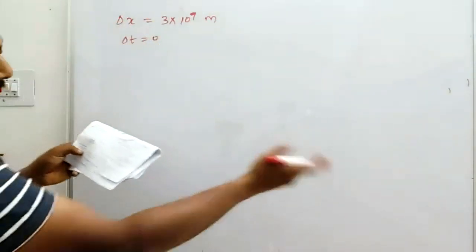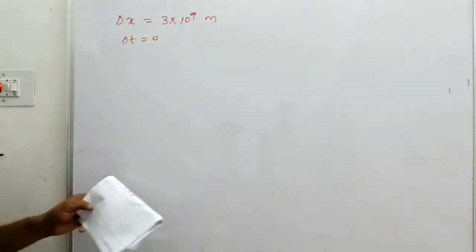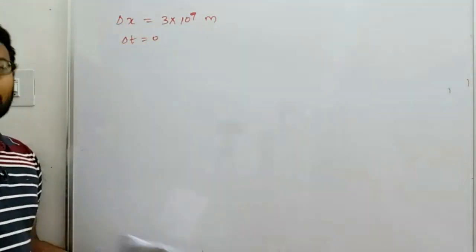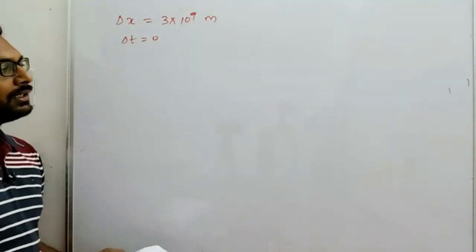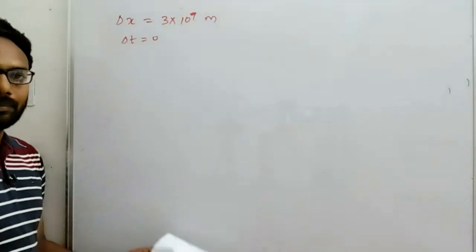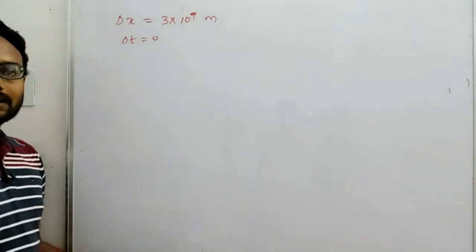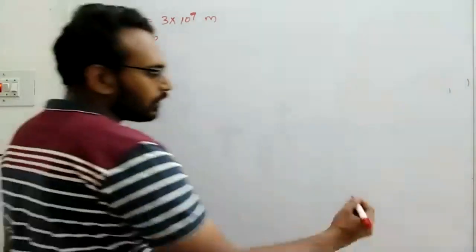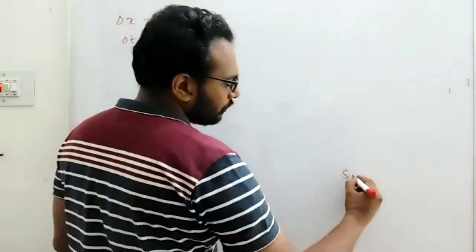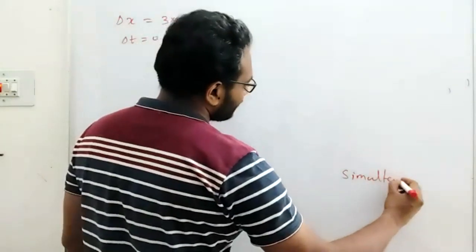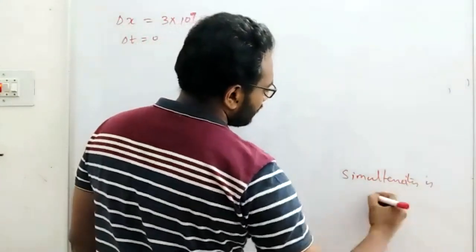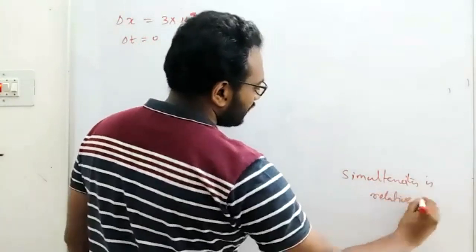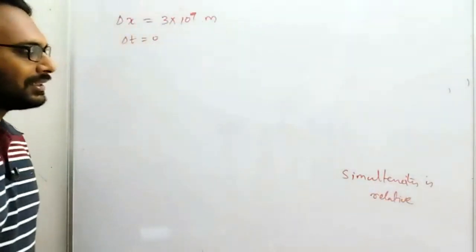So you see, okay, we already see this result here. The events which are simultaneous in one frame are not simultaneous in another frame, right? So if I say that two things happened at the same time, another observer can disagree and say that no, these two things cannot have happened at the same time. We'll do this in a bit more formal. You see that simultaneity is relative. Okay, so actually not only simultaneity is relative.